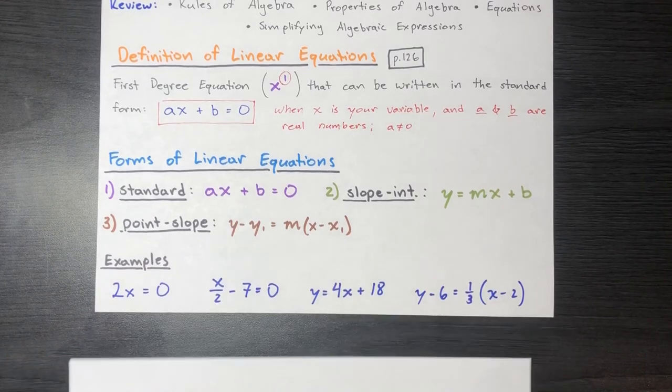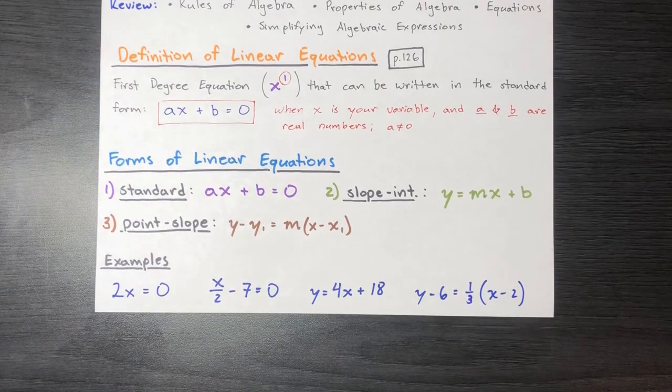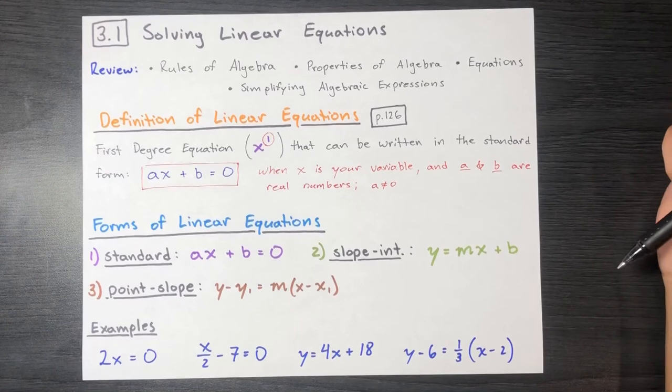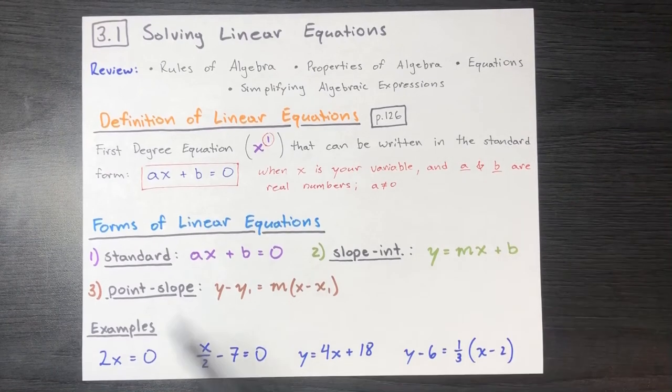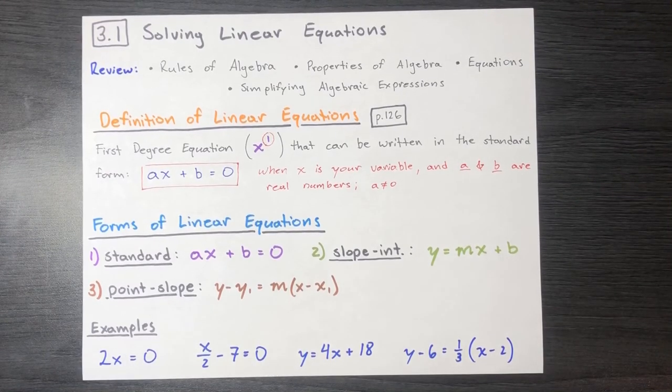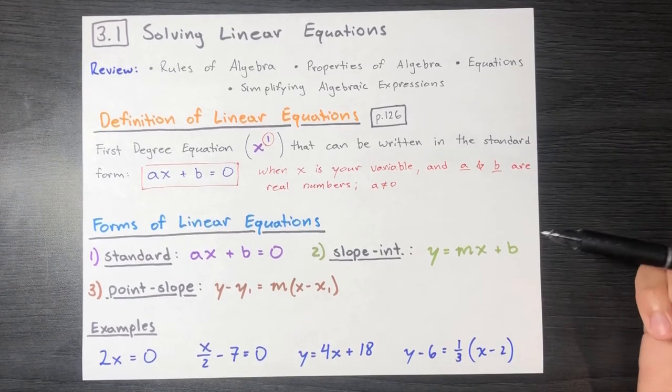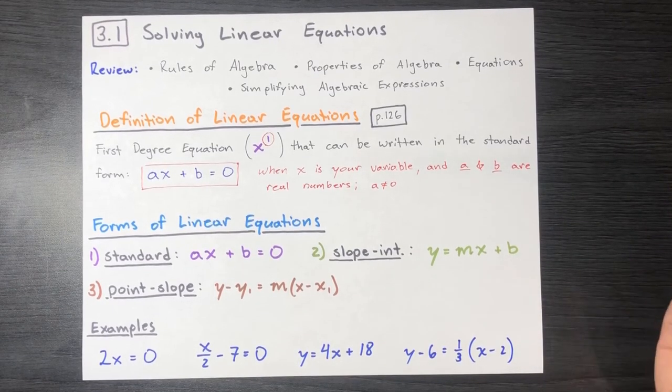So here are some examples of linear equations. Here you have 2x equals 0, and you can see how these are different from algebraic expressions. One, because you have the equal sign, and two, you're not really told what to do. You have to figure out what to do.